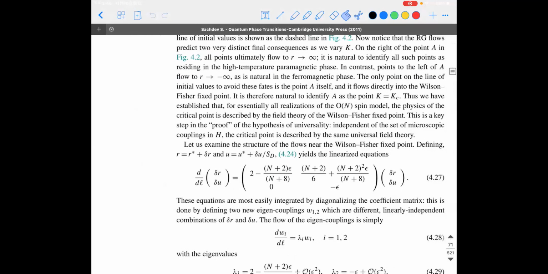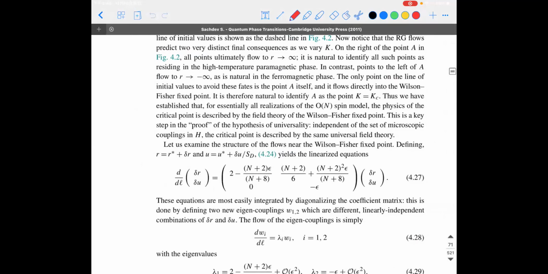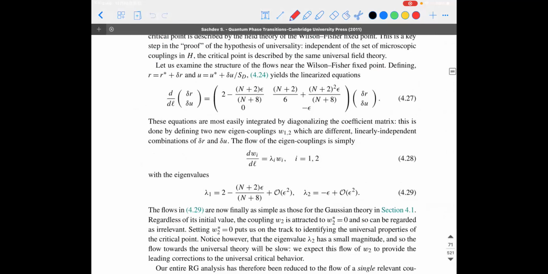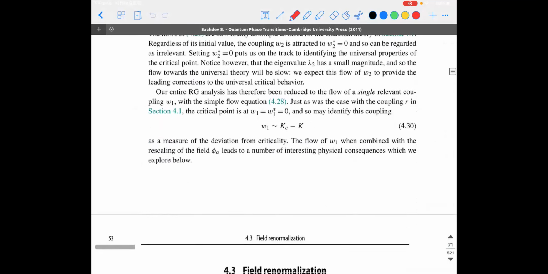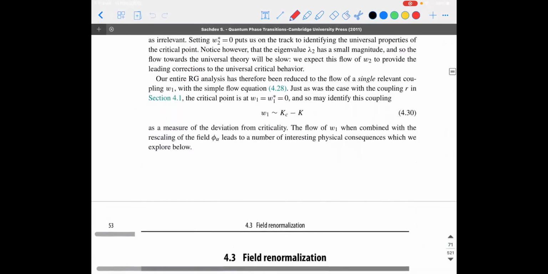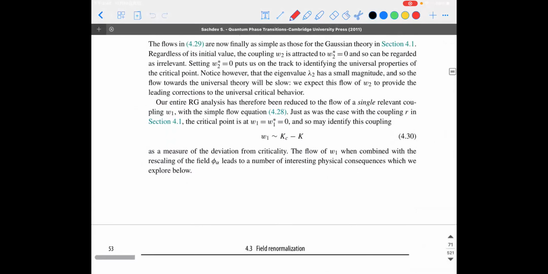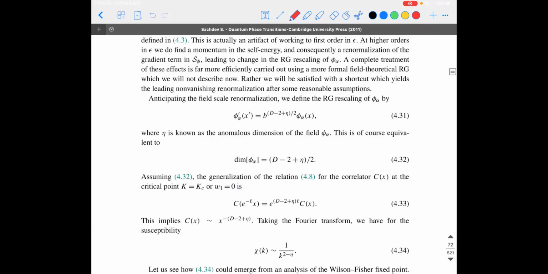Then we can solve the linearized equation to obtain the exponent of this transition. Okay, the phase transition should be written as a power of the distance. The distance between the state and the critical point is labeled by Kc minus k. Okay, good.